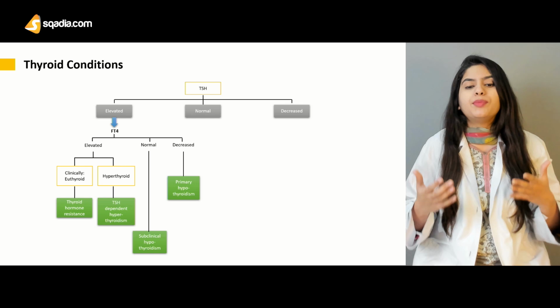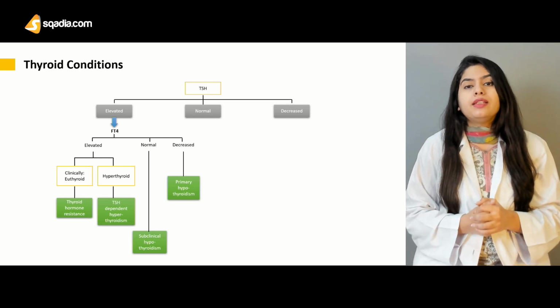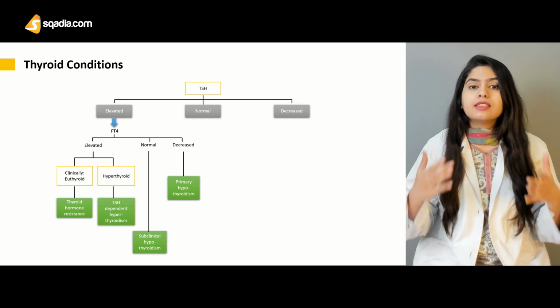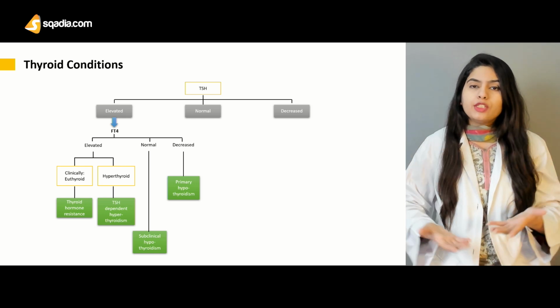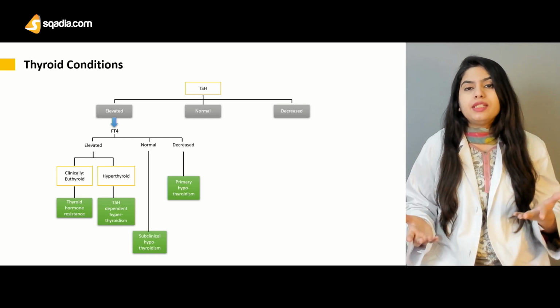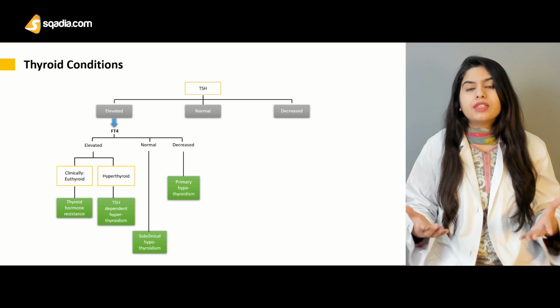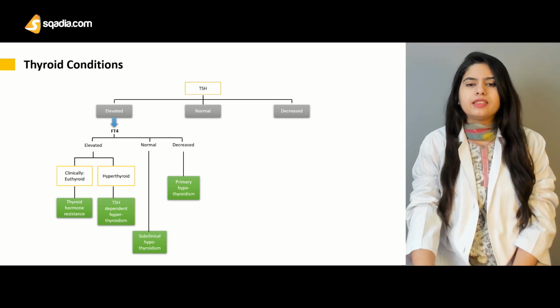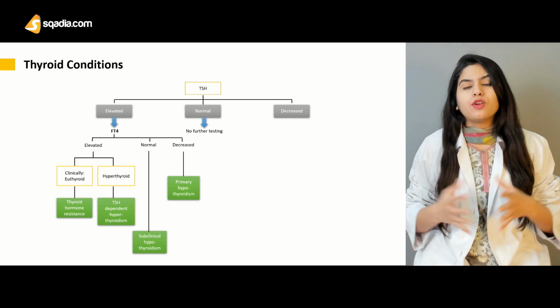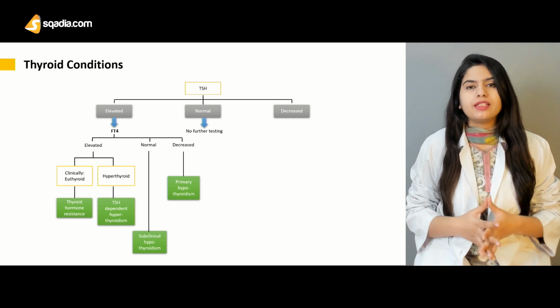This is called primary hypothyroidism. This is a condition that can be due to some congenital defect, and in this case there may be an increase in TSH level, or a decrease in the TSH level, or even it can be normal as well. Then if the level of thyroid stimulating hormone is normal, no further testing is required.